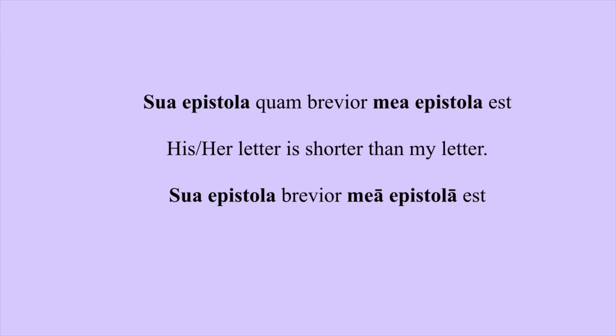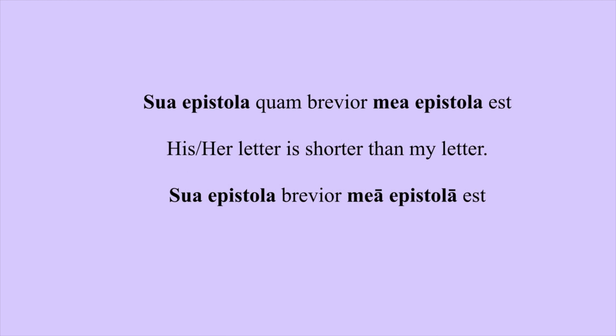So now if we want to use that same sentence, but use the ablative of comparison, we can do it. Right here, sua epistola brevior mea epistola est. So his or her letter is shorter, right?